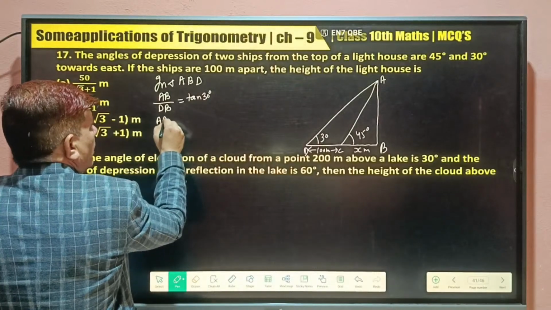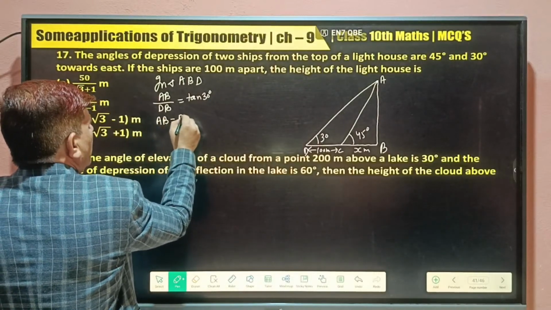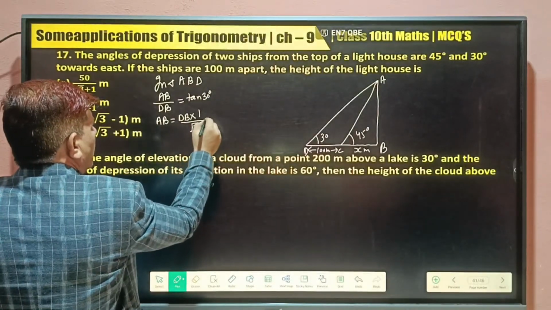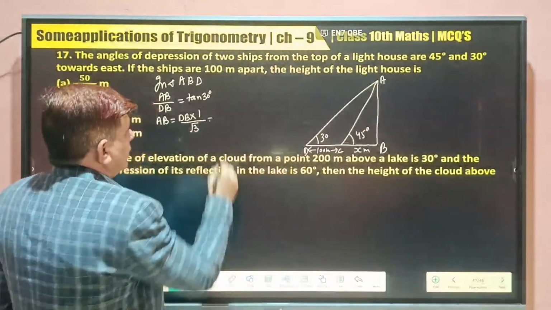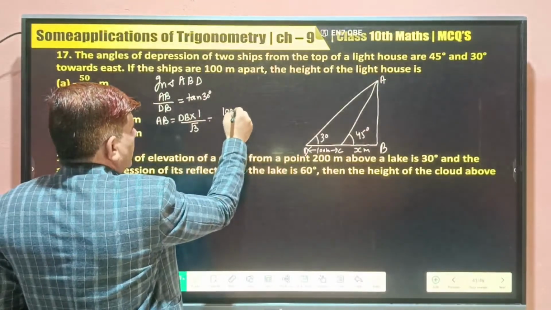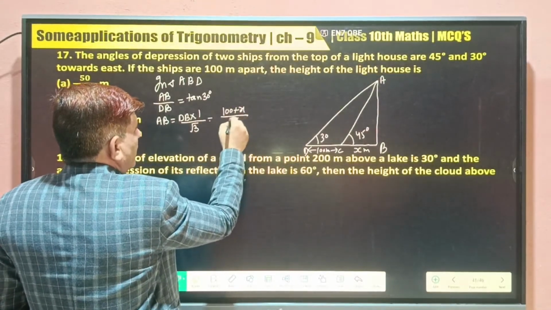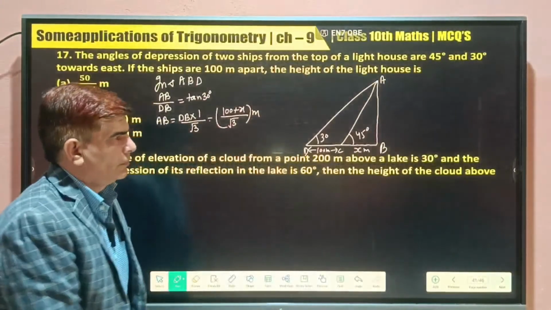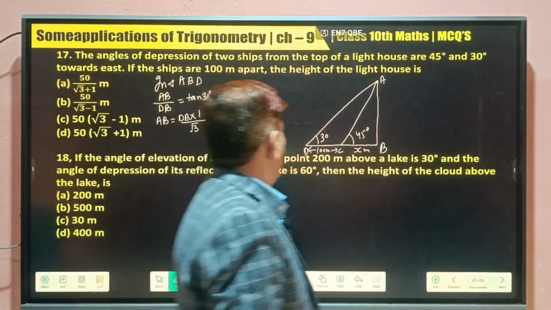So AB is equal to DB tangent 30, 1 by root 3. And what's your DB? 100 plus x, so AB is 100 plus x by under the root 3 meter. Understood?